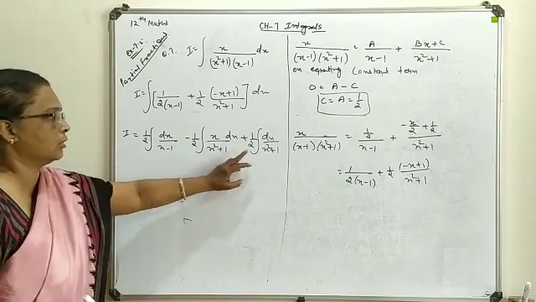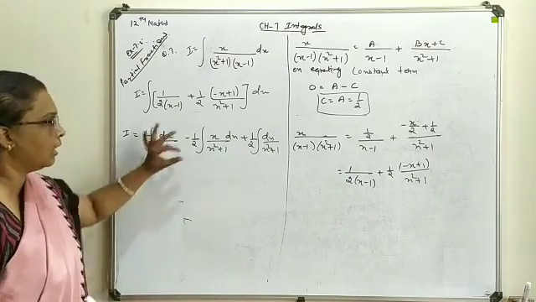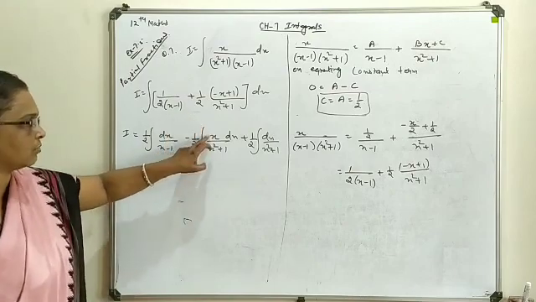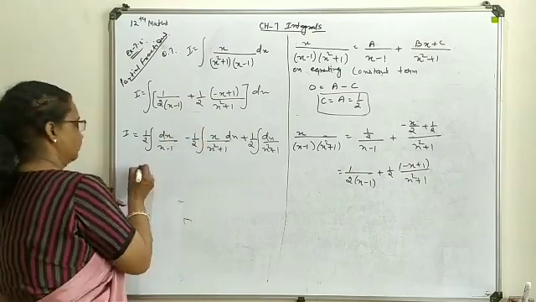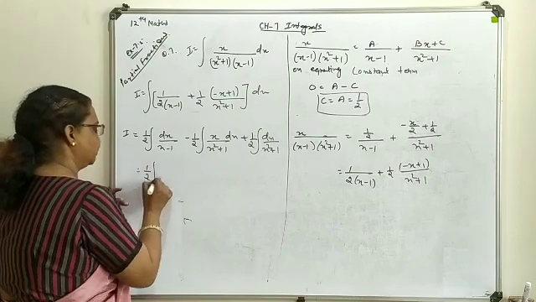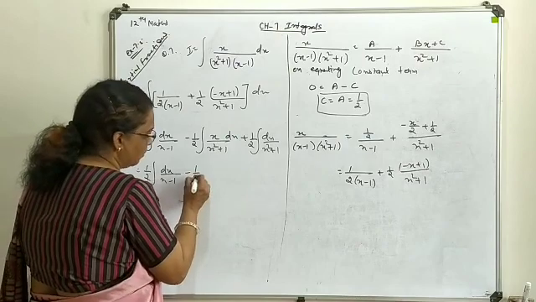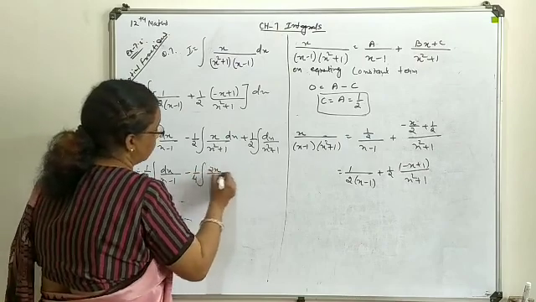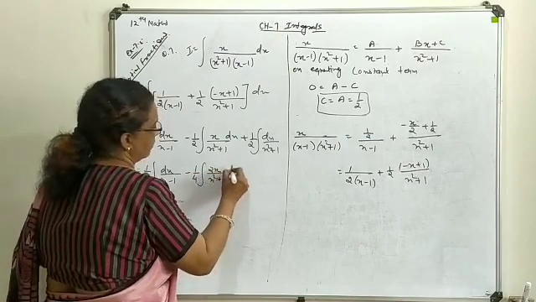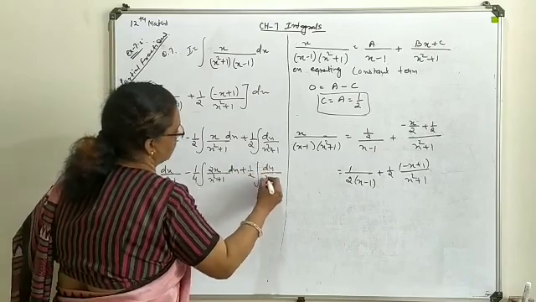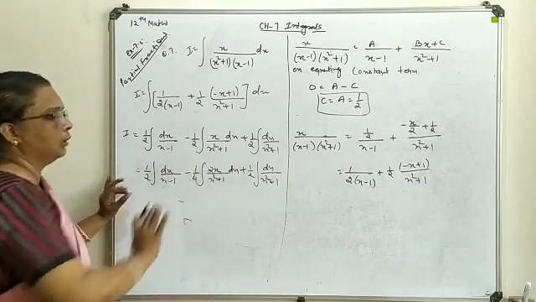So these two terms are available for direct integration, whereas this is still to be converted in a required form. So make it multiply and divide by 2. Keeping this one as such, the integration you can write with multiplication and division by 2, 1 upon 2 of 2x dx upon x square plus 1. Now these all are available for integration.